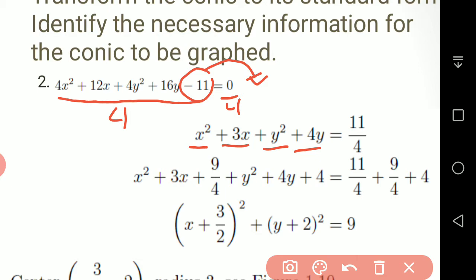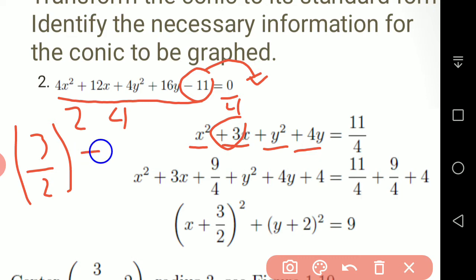Next we need to complete the squares. Our b here is positive 3 with respect to x, so you have 3 over 2. We square that, so this cannot be simplified any further. We just square it. This is now equal to 9 over 4. We have positive 4 over here again.